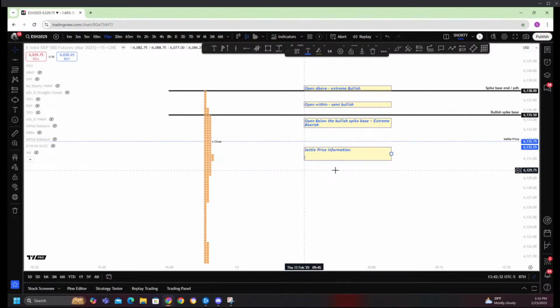Whether net short or net long. OVN means overnight. If overnight price action is above the settle price, that means inventory is net long. If overnight price action is below the settle price, that means inventory is net short.